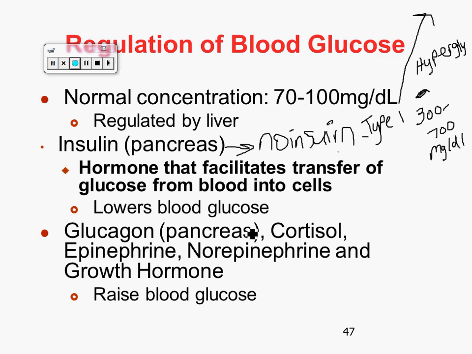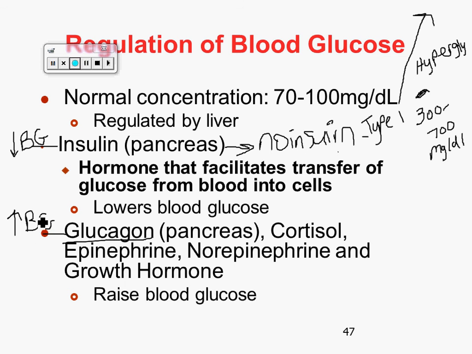All right. So insulin is the hormone that acts to lower blood glucose, right? Which one raises blood glucose? The pancreas makes another hormone called what? Glucagon. And this one raises blood glucose. All right.